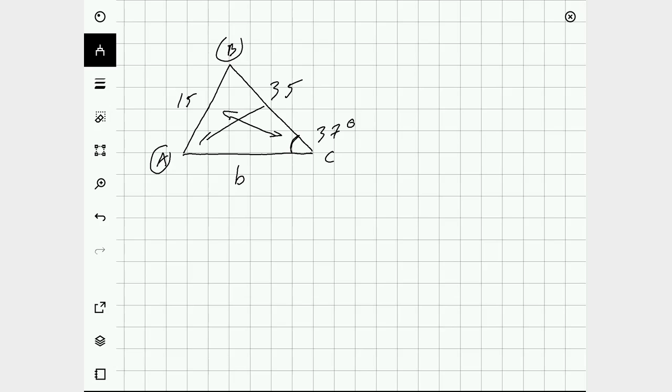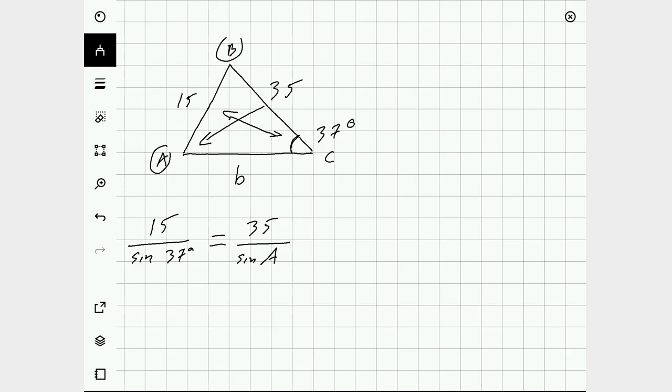So the first thing we have to do is find the angle opposite it, in this case, angle A. So we have the side length we know, which is 15, over the sine of the angle we know, which is 37 degrees. That's going to be equal to the ratio of the other side we know, 35, to the sine of the angle opposite, which in this case is angle A.